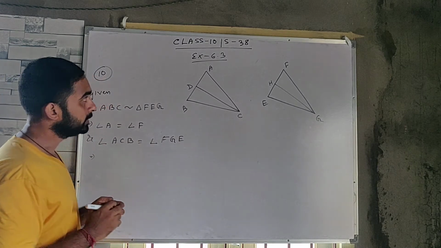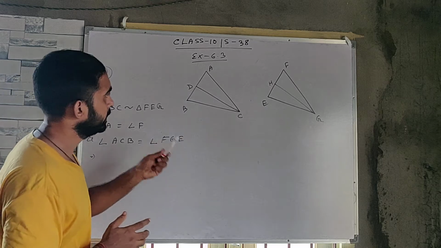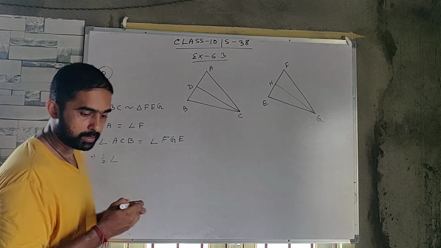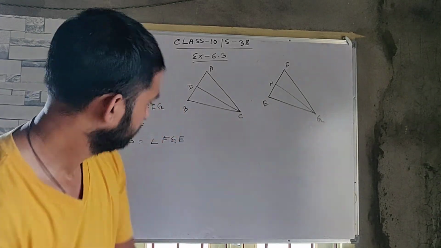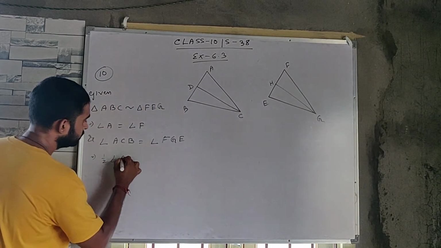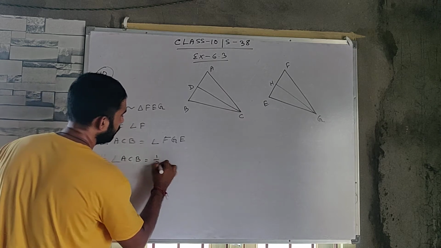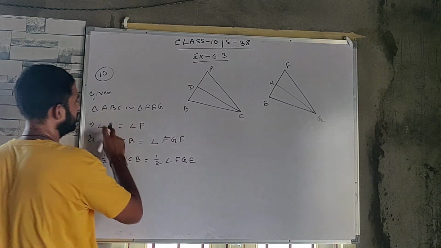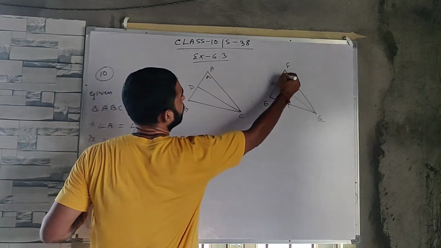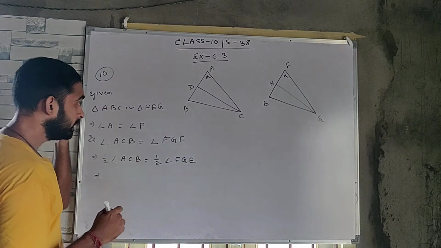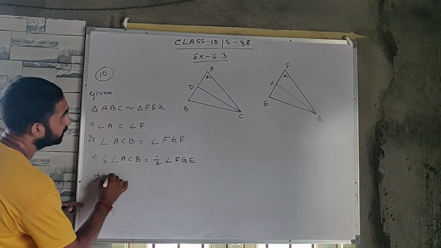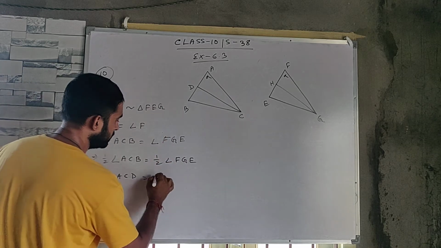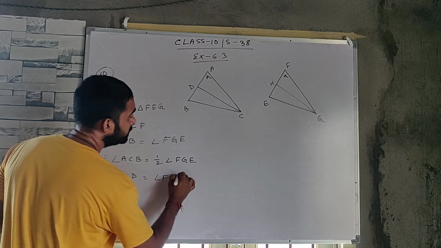Now what else is given? CD and GH bisect angle ACB and angle FGE. Bisect means half, so half angle ACB equals half angle FGE. Considering triangles with A and F, half ACB means angle ACD and half FGE means angle FGH.